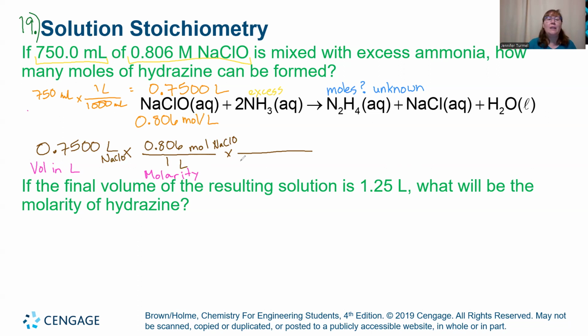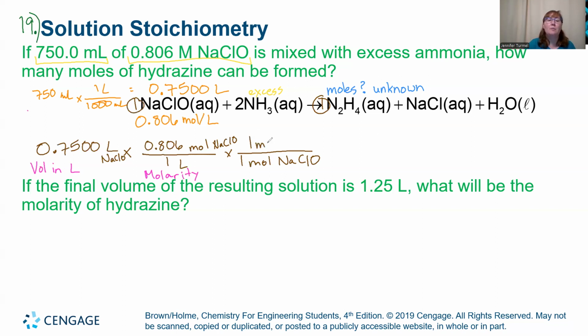Now what we need is a mole ratio. And you can see from this, there's an understood 1 there. So we have 1 mole of our sodium hypochlorite, and in this case, we only have 1 mole as well of our hydrazine.